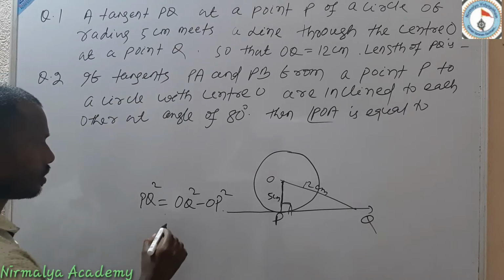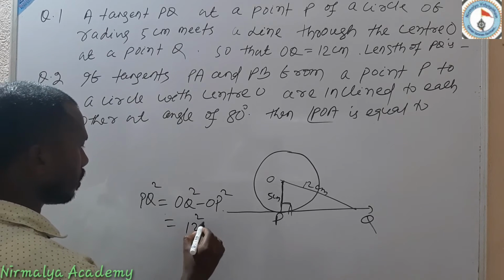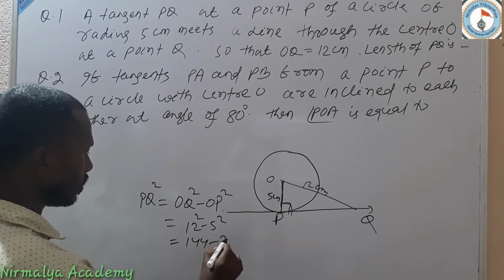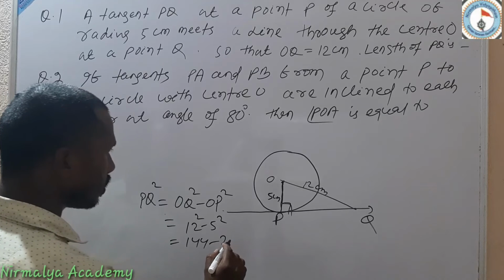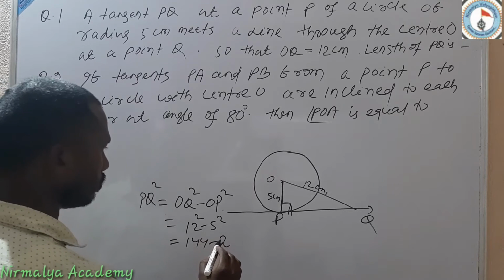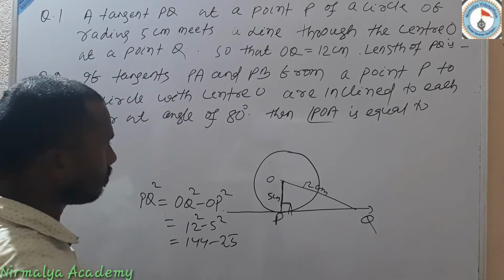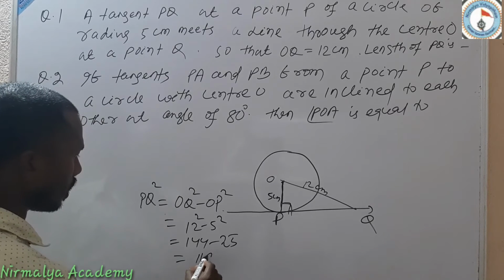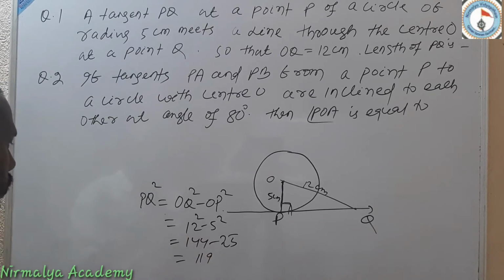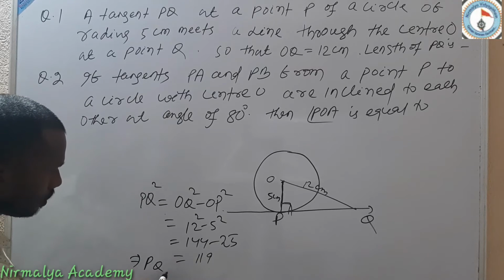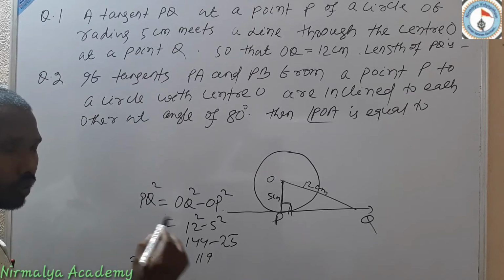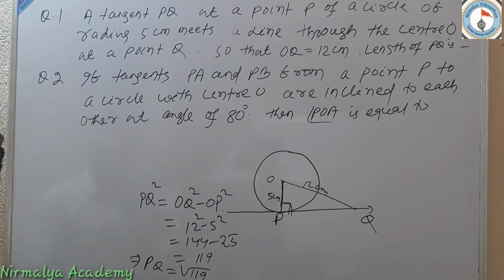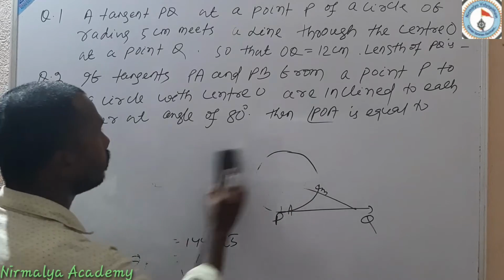So that equals 12 squared minus 5 squared, that equals 144 minus 25, so that equals 119. That implies, on taking square root on both sides, PQ equals square root of 119. This is your answer.